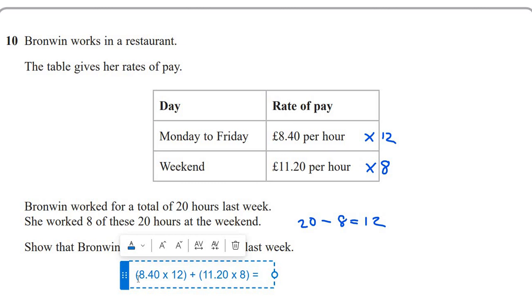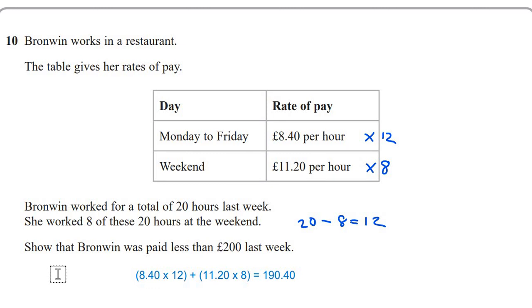And if you can do that on your calculator, you're going to get 190.40. So yes, this is a pay that is less than 200. So yeah, that's the answer.